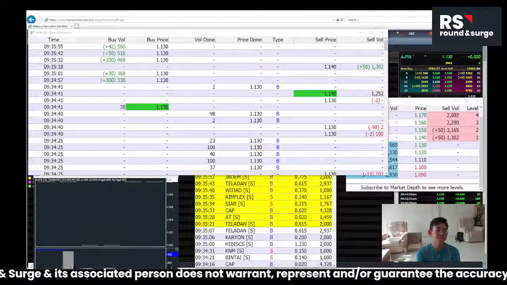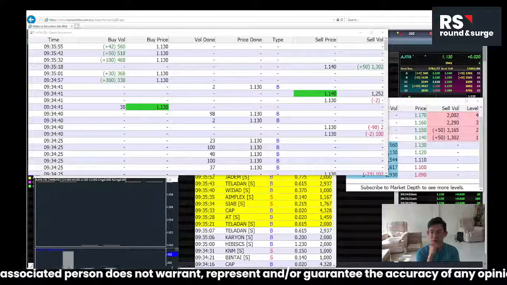So right now, refill 1130, refill up to 560.